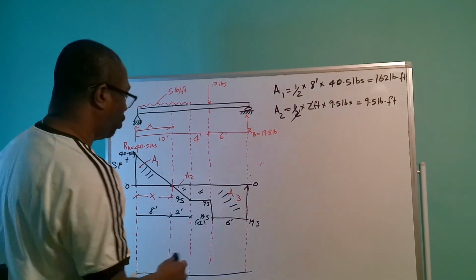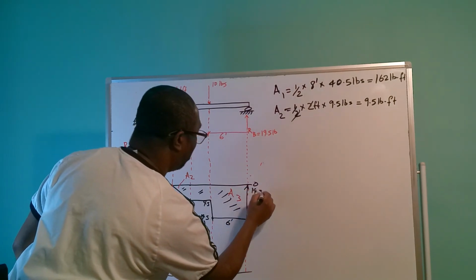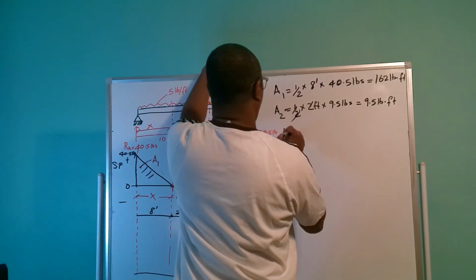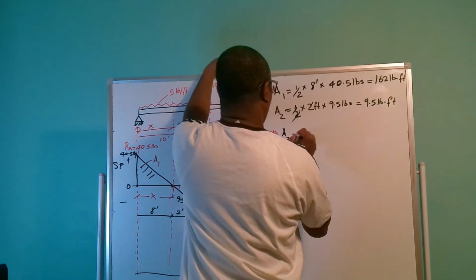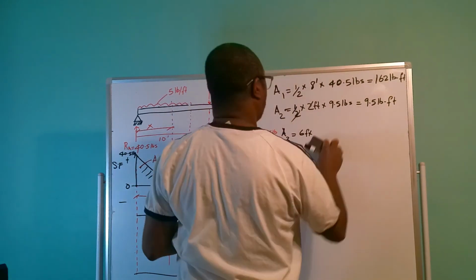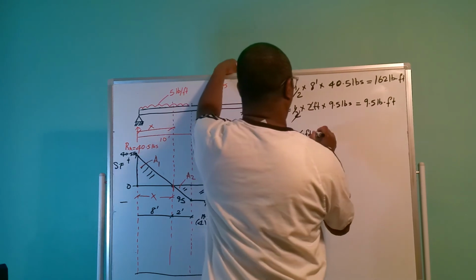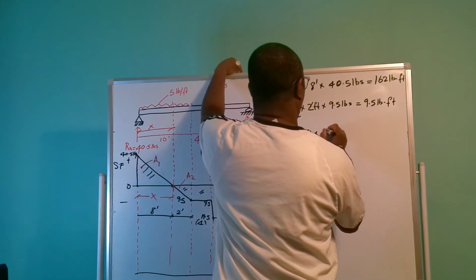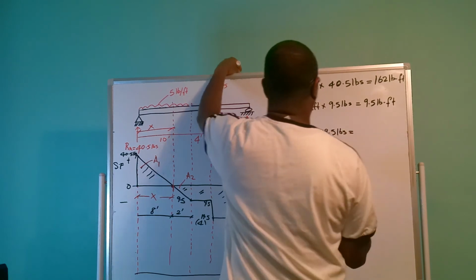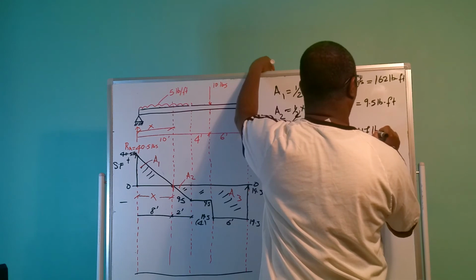It goes up 19.5 and the width is going to be 6 feet. So area 3 is going to equal 6 feet times 19.5 pounds, and that is going to equal 117 pounds foot.